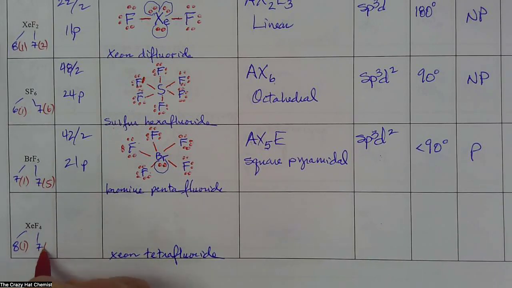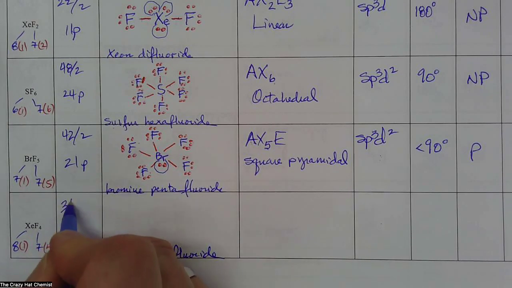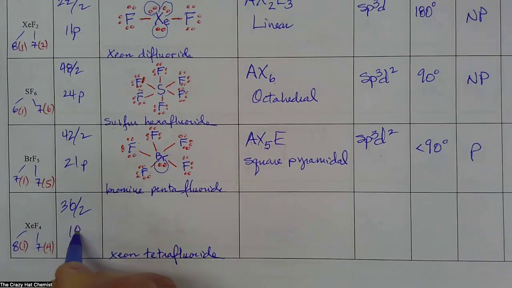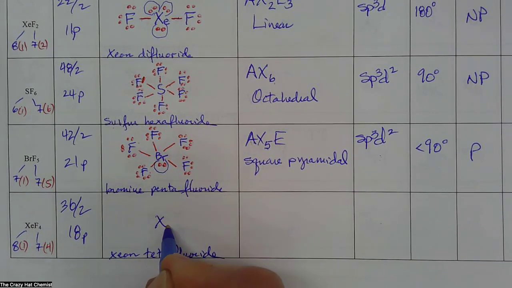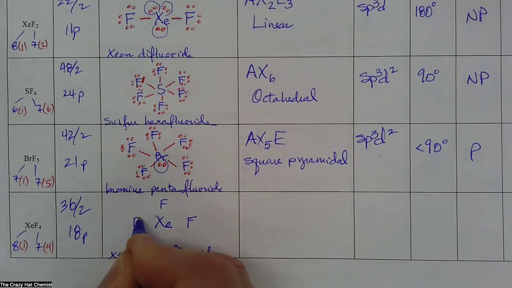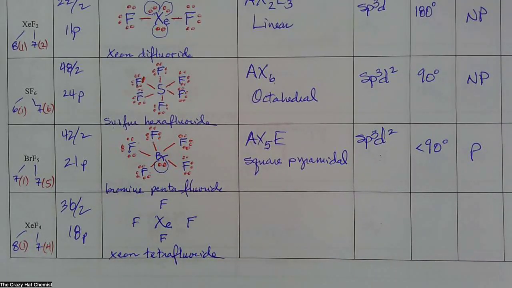There's 1 xenon and 4 fluorines, so that gives us a total of 36. 36 divided by 2 is 18 pairs. Xenon, the least electronegative, goes in the middle, and then I've got 4 fluorines.